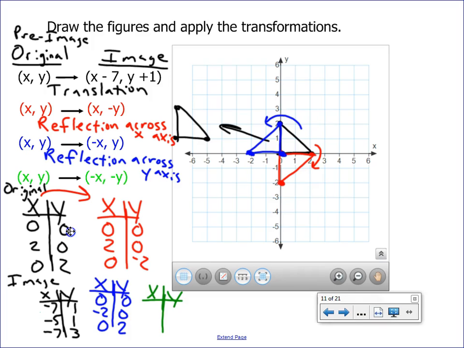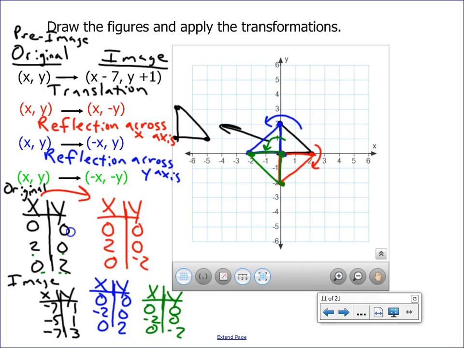And finally, in green, that rule says we take opposite of x, opposite of y. So I'll get 0, 0, 2, 0 becomes negative 2, 0, 0, 2 becomes 0, negative 2. Graph that one. And looks like that one rotates around.